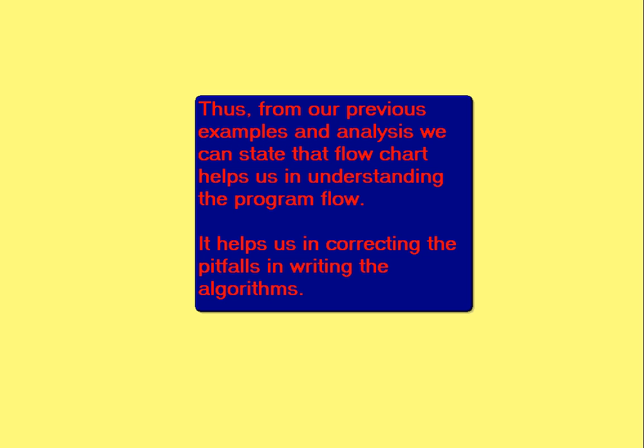From our previous examples on algorithms and flowcharts and their analysis, we can understand that flowcharts are very useful to analyze a program flow. You might have understood already how we have analyzed by giving some sample data.